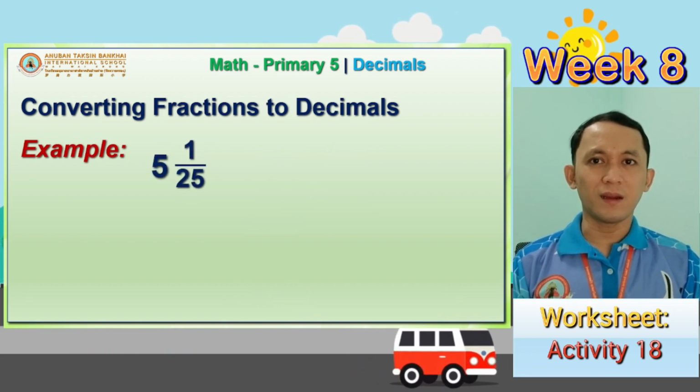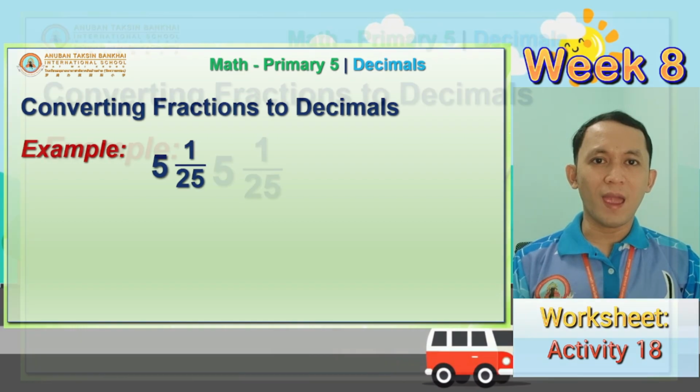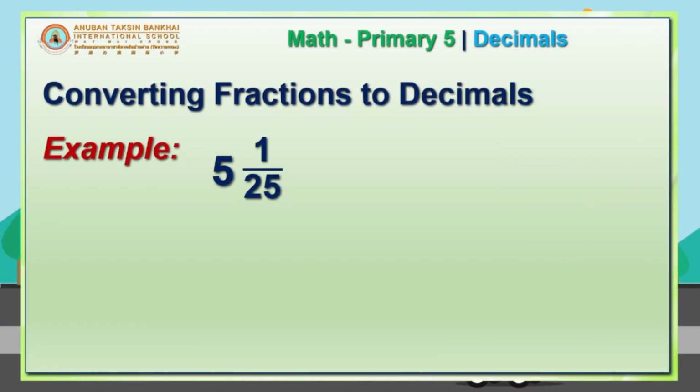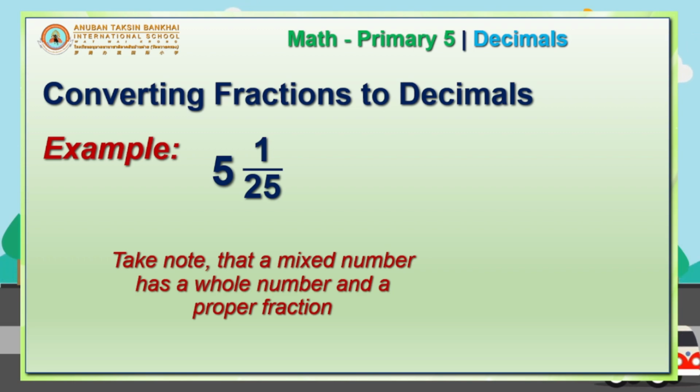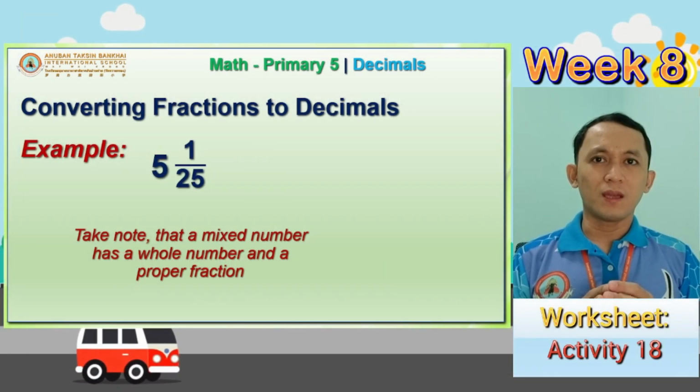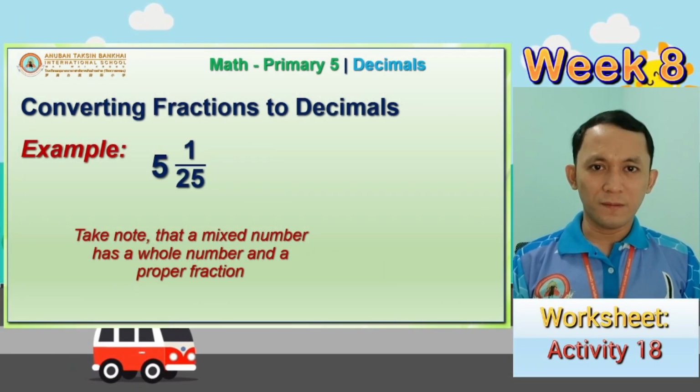Now let's have another example about mixed numbers. Here, we have a mixed number, 5 and 1 over 25. Now, take note that a mixed number is a combination of a whole number and a proper fraction. So in this example, our whole number is 5 and our fraction is 1 over 25.